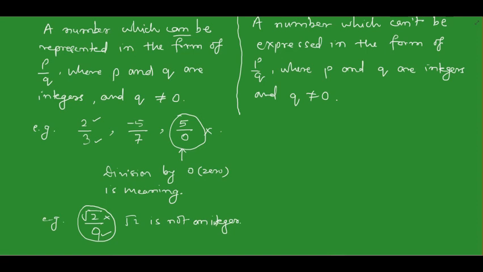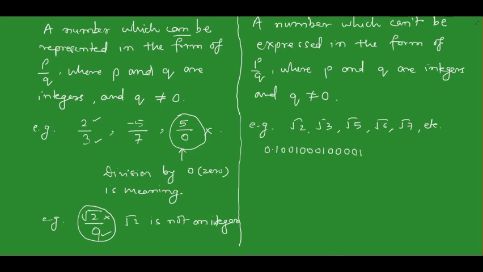Okay, now let us move ahead with irrational numbers. Examples of irrational numbers are root 2, root 3, root 5, root 6, root 7, etc. And other than this, we have numbers like 0.100100010000001.